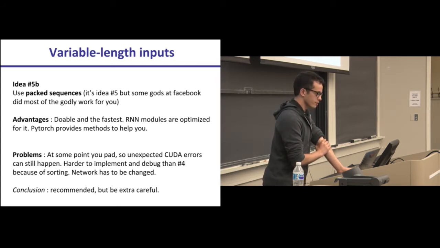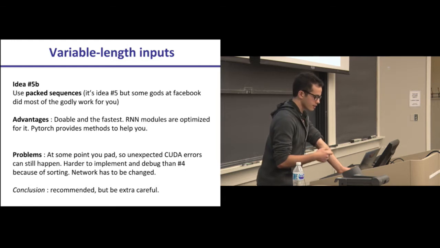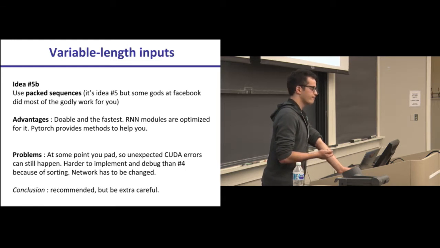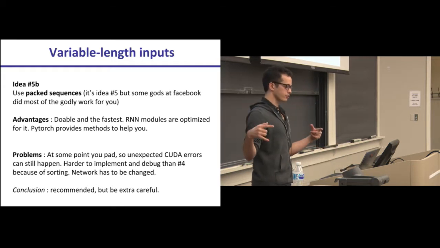You've got a whole wrapper around tensors that's called a packed sequence, and you can feed that to your RNNs. And that's actually probably the most advanced thing you can do in PyTorch to deal with variable length inputs.